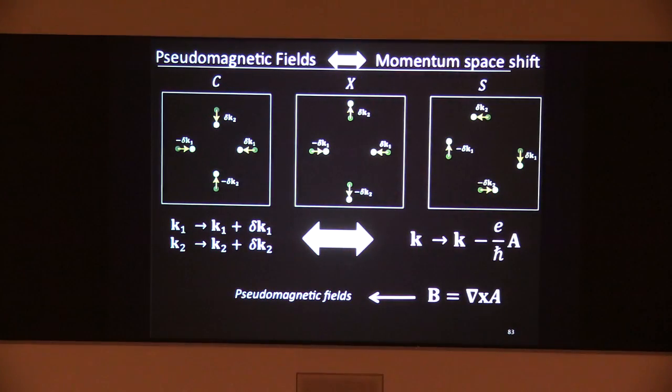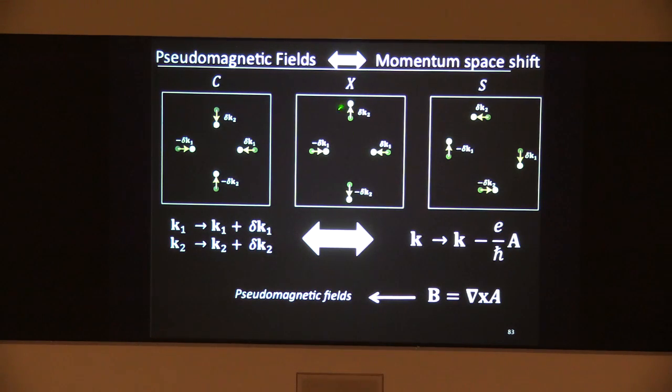So let me just explain what you were asking, what you mean by pseudomagnetic fields. If you have strain in the system, the prediction is that depending upon the kind of strain, the Dirac nodes can shift in momentum space. So here, for example, is compressive strain. All the Dirac nodes shift inwards. This is uniaxial strain. These are all theory predictions.